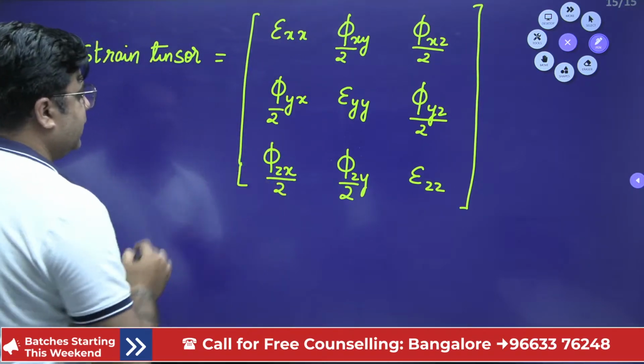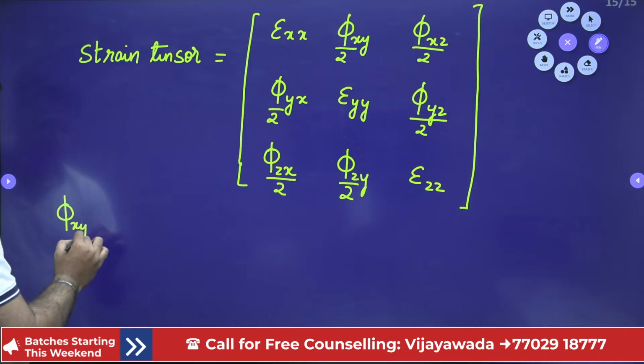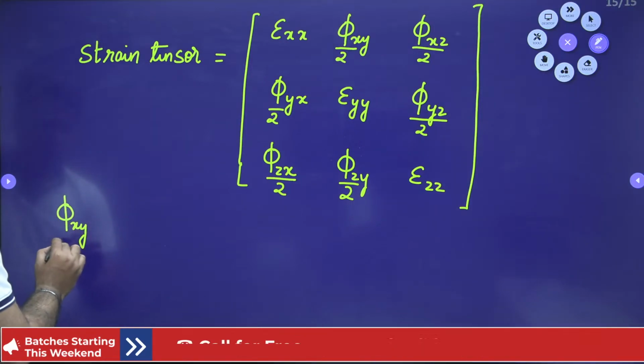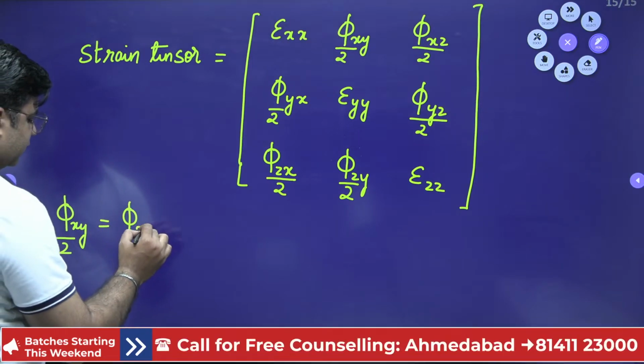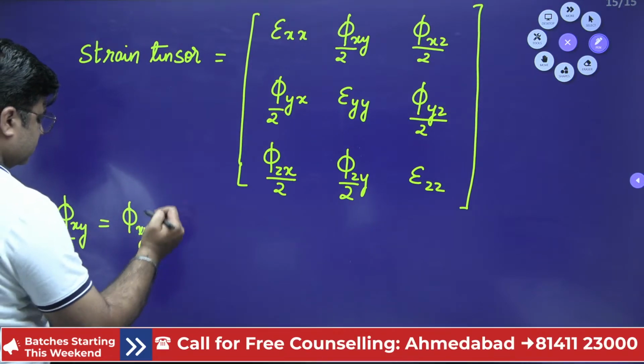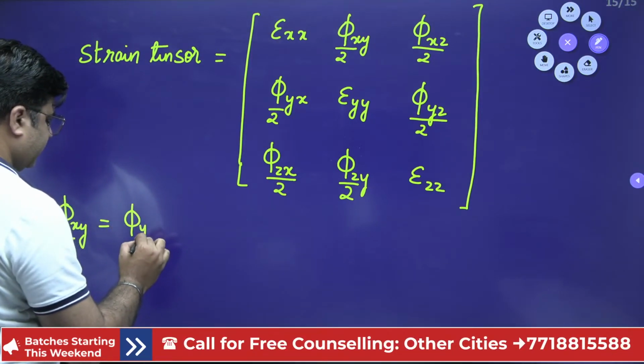And it is very clear that phi xy by 2 is equal to phi yx by 2.